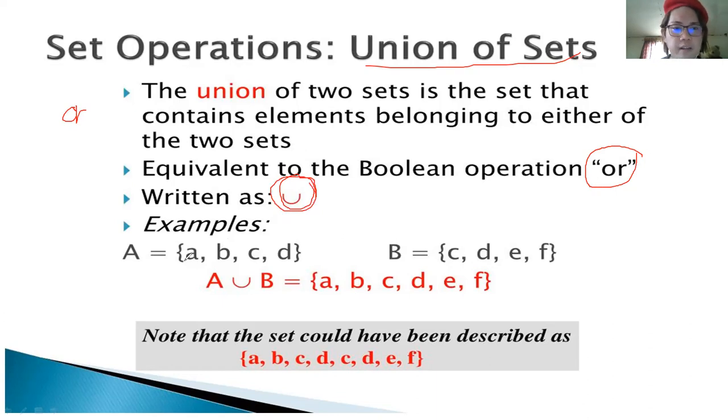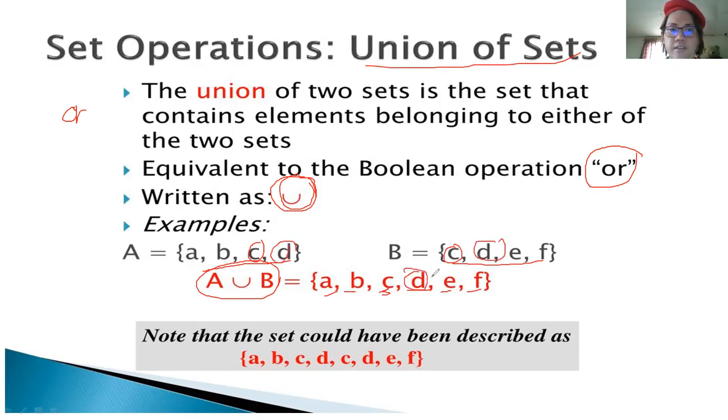So for example, A is equal to {A, B, C, D} and set B consists of elements {C, D, E, F}. Therefore, A union B consists of A, B, and so on. You just list all the elements, but make sure that when there are repeated elements, take it as one, just like C in A and C in B. So when we get its union, we take it as one C. Even the D, we take it as one.